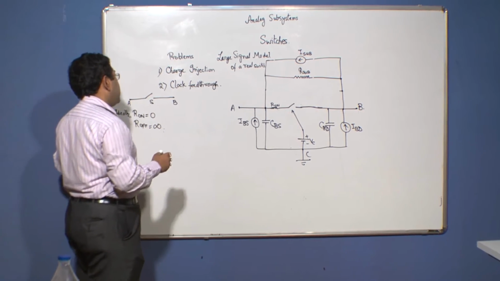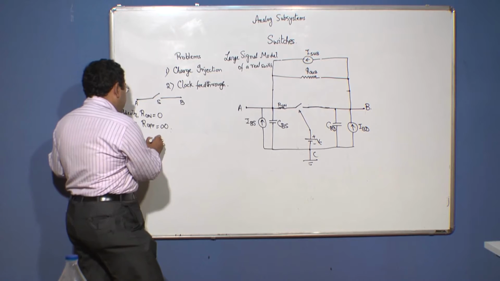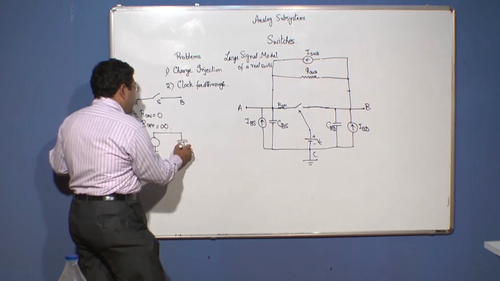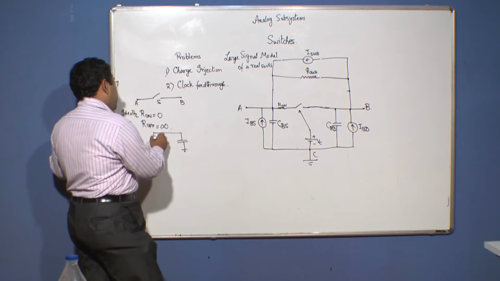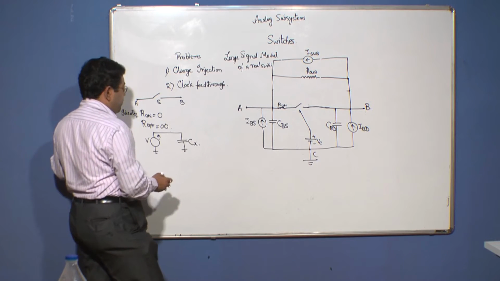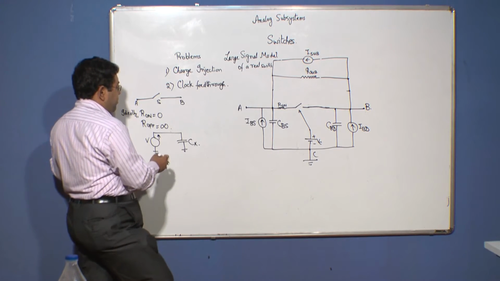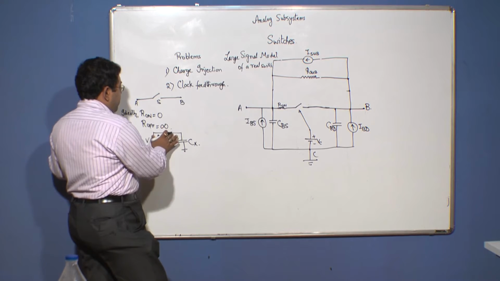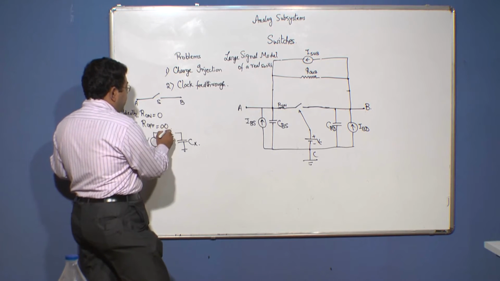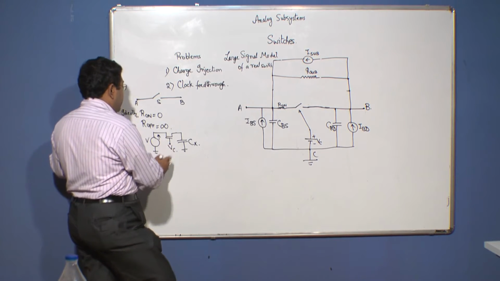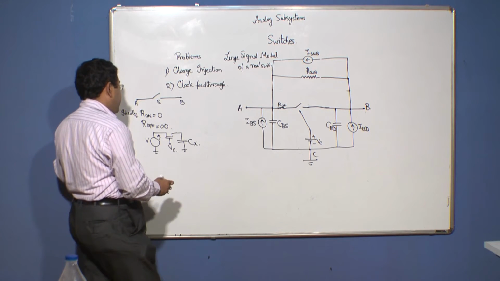So, now what is this charge injection? Suppose we have a voltage source delivering charge to a capacitance Cx. Now, the path is controlled by a MOS transistor, which is being given a control voltage Vc.